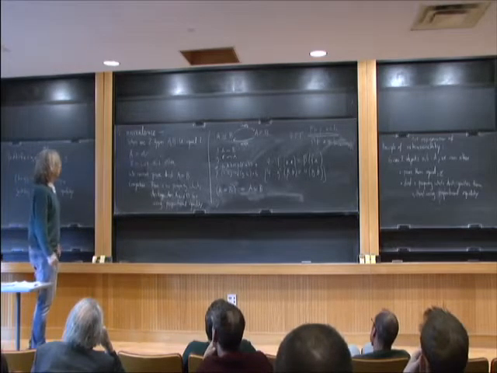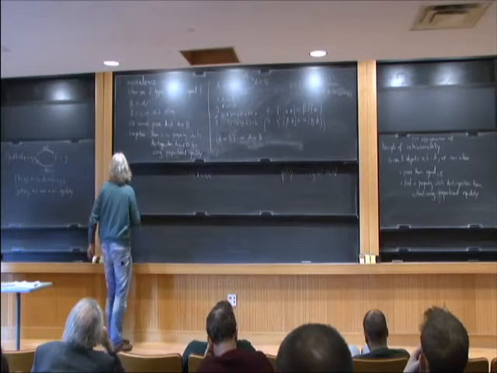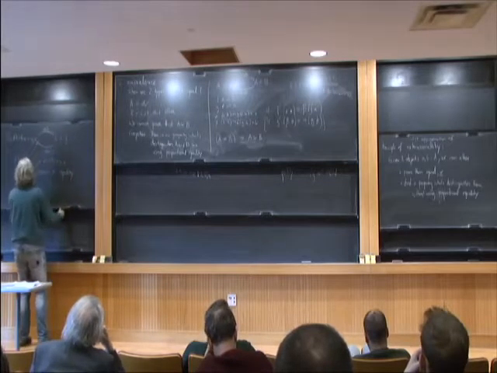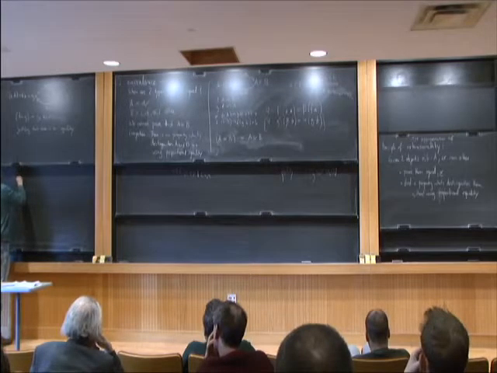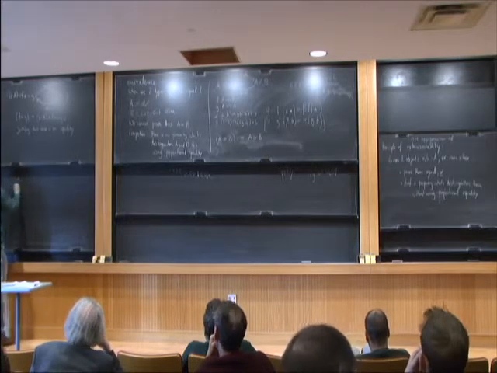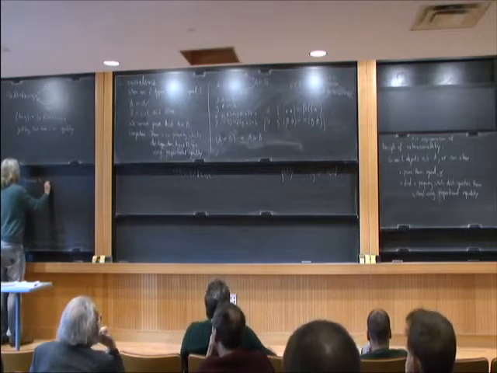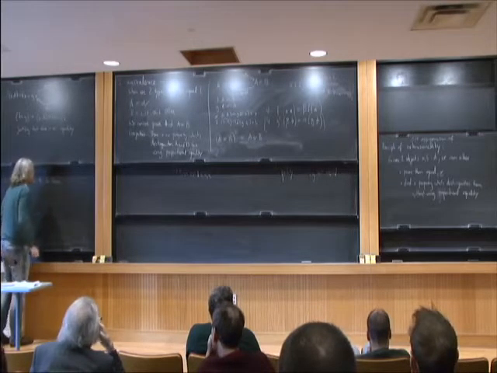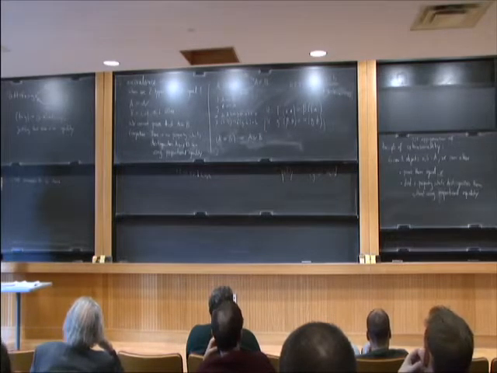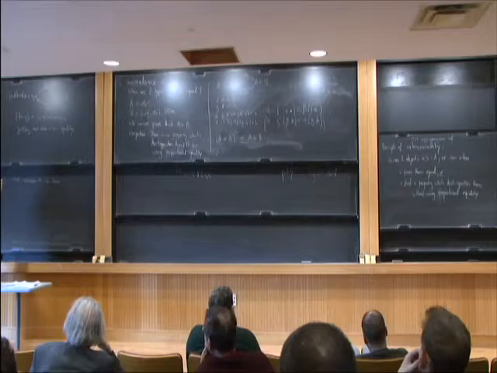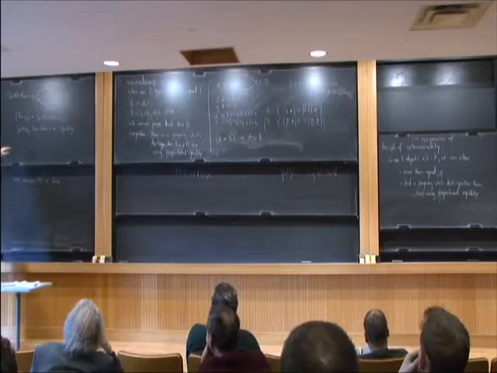Okay, so what should be done, or what remains to be done? So I would like to have HTT formulated in a way where equality is defined extensionally.